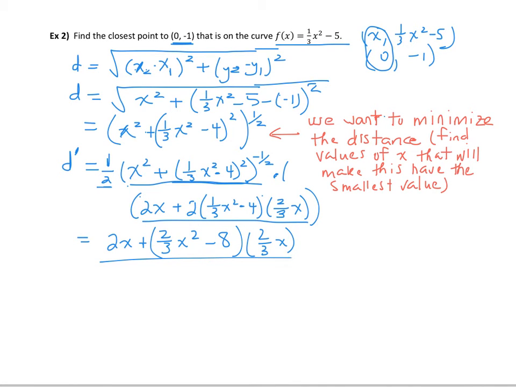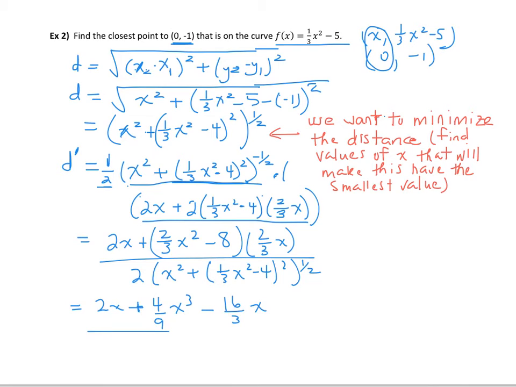And then that has a denominator of 2, and then the x squared plus 1/3 x squared minus 4, all squared to the 1/2. And so on here. So we're going to have a 2x plus 4/9 x cubed minus 16/3.